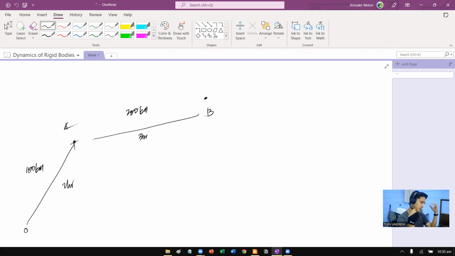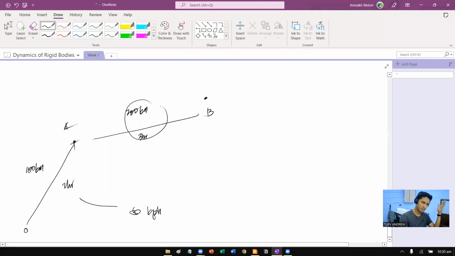Mathematically, speed is distance over time. 100 kilometers divided by 2 hours is 50 kph. Then 200 divided by 3 is about 66 kph.